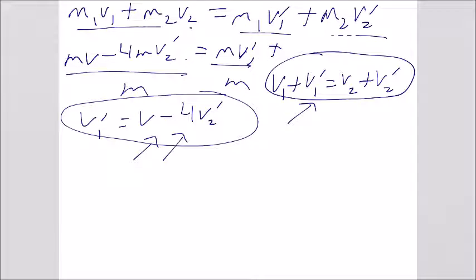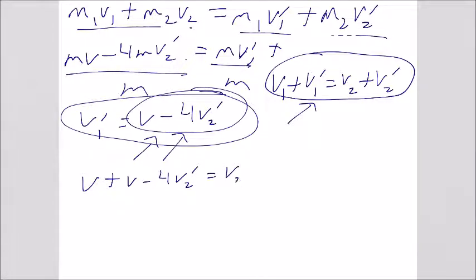So when we do that, our initial velocity of our first object was v. For v1 prime, we're going to substitute this. So that's going to be v plus v minus 4 v2 prime equals v2. And remember, v2, that's the initial velocity of the second object. That was 0, so we don't even need that term. Plus v2 prime.